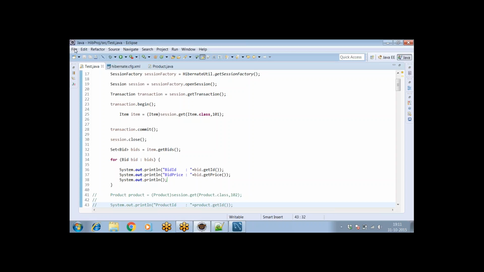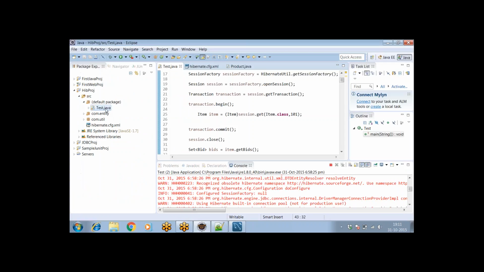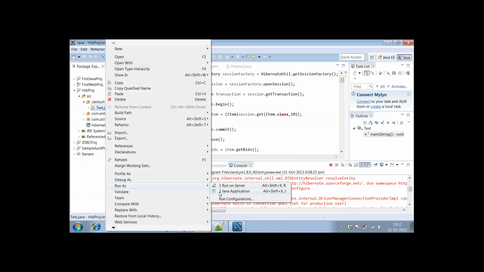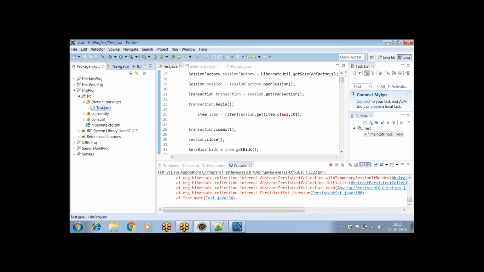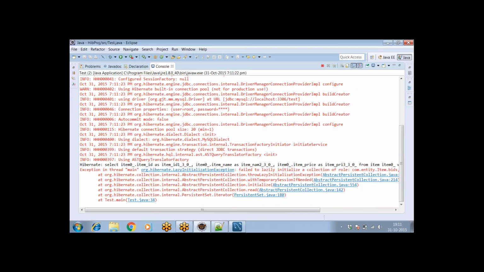I'll run this code. So after closing the session, it won't be possible to fetch those associated bits if it is lazily loaded.